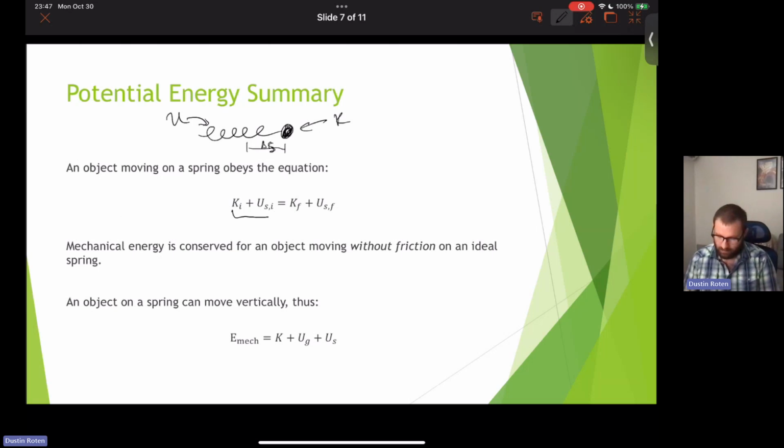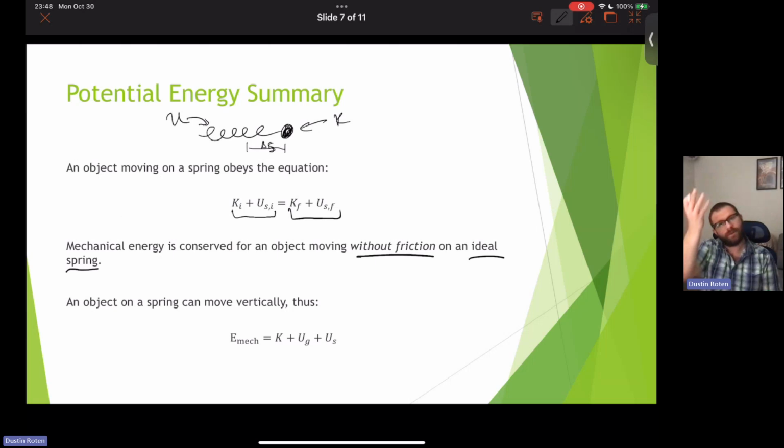So whatever this system starts with still has to equal whatever this system ends with. So mechanical energy is conserved if the object is moving without friction on an ideal spring. Okay, so essentially that means a massless spring where you're not losing any energy for some reason from the spring. So in kind of this ideal model scenario, mechanical energy is conserved.